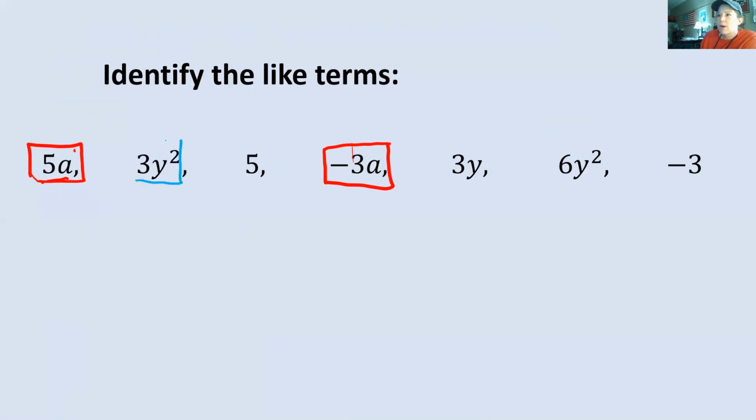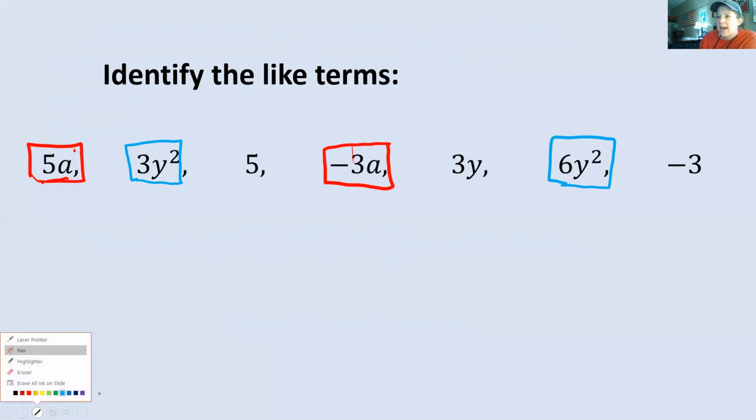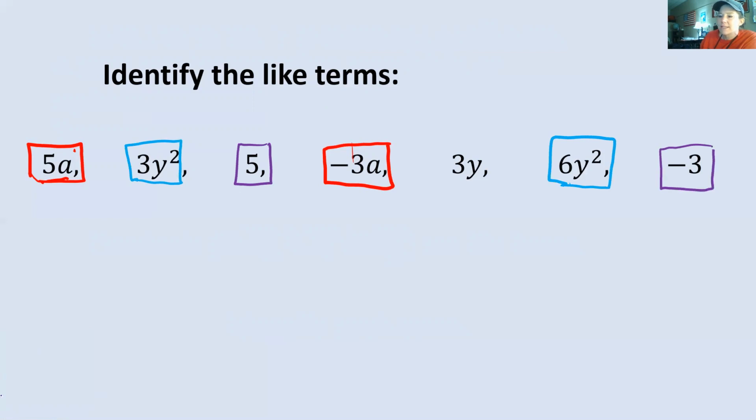So 3y squared is like 6y squared because they both have the variable y and an exponent of 2. Then we have a constant. So 5 is a constant, and it is like negative 3, which is a constant, because neither of them have variables. And then 3y is all by itself. There's no term that's like 3y.